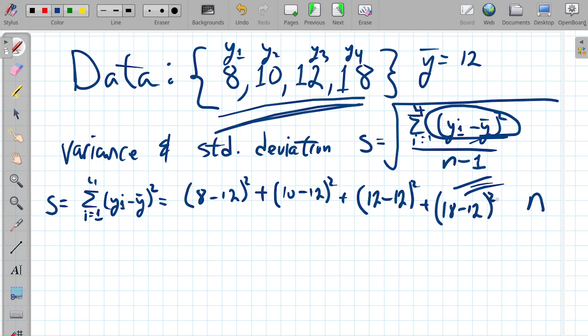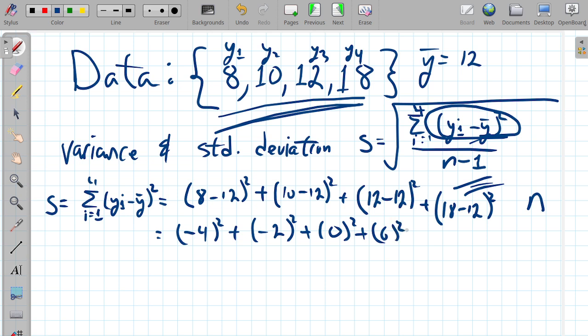Now, I want to point something out right now. The difference between 8 and 12 is negative 4. Okay? Here's 10 minus 12. That is negative 2. Just ignore the square. I'm putting the squares on because I need to, but I want you to ignore that for now. This is 0. And then we have 6.